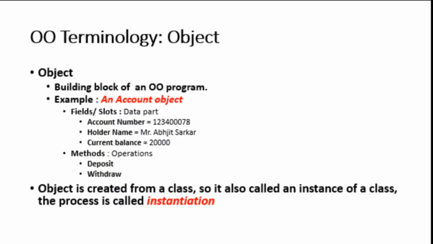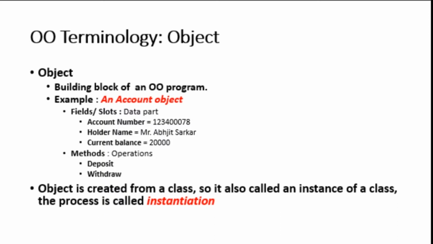An account object, apart from many other things, will have an account number, the name of its owner, and current available balance. Among the operations, withdrawal and deposits are the main transactions one can perform with an account object.